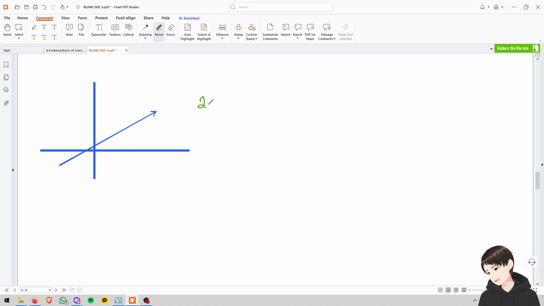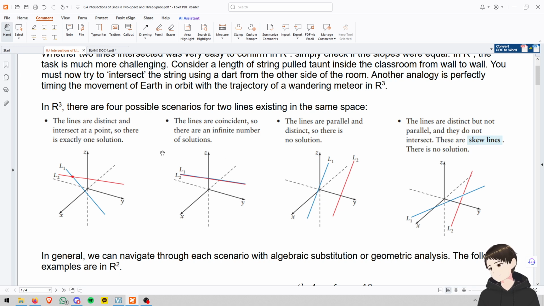Like, for example, you could have had 2x plus 4y minus 7 equals 0. And then the other line was 4x plus 8y minus 14 equals 0. They're essentially the same line because they have the same slope, same y-intercept, and so they are what we call coincident. So that is the exact same in 3D.